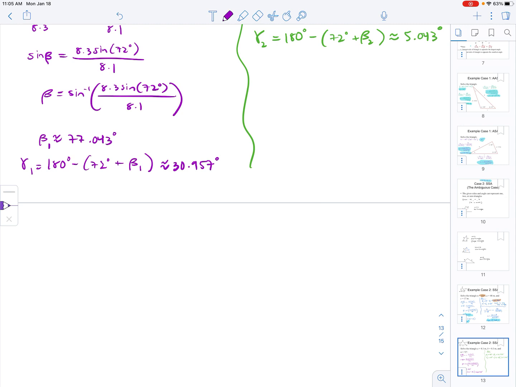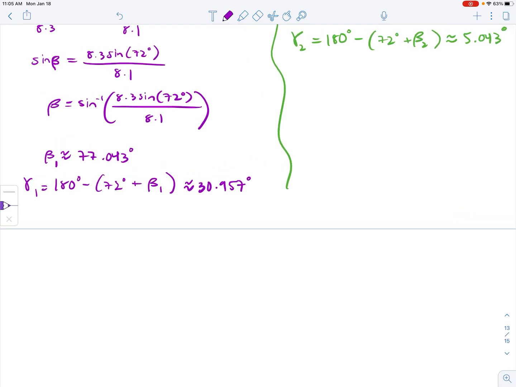Okay, so for both triangles that exist here, we're missing side C. And I'm going to give myself an extra page. So solving for side C with triangle 1, I'll have C sub 1 over sine of gamma sub 1, and I've stored gamma sub 1 in my calculator, equals 8.1 over sine of 72 degrees.